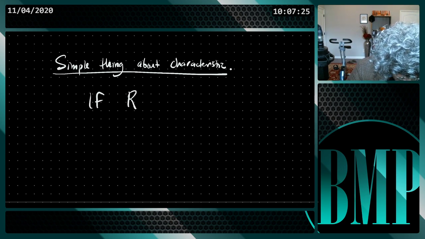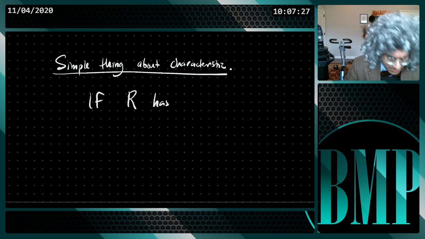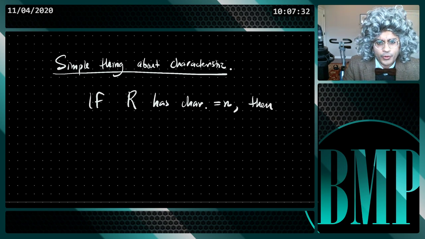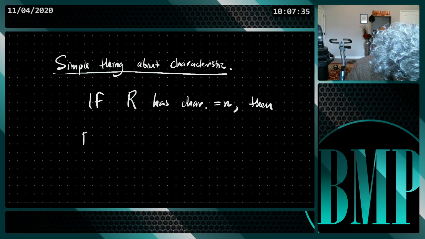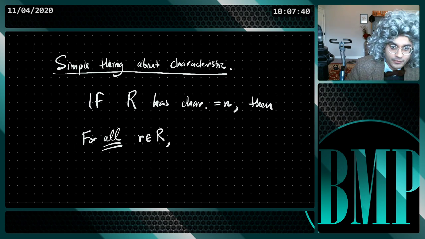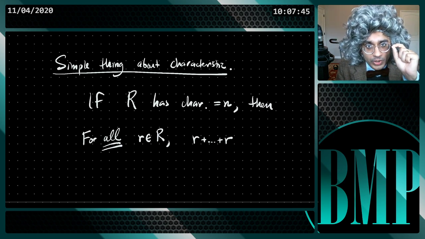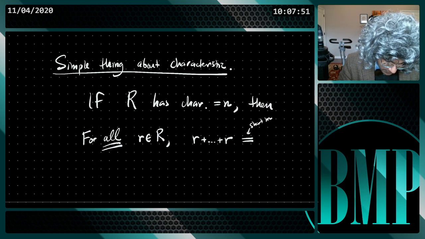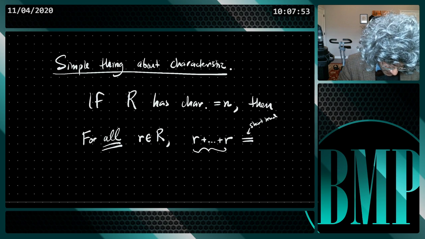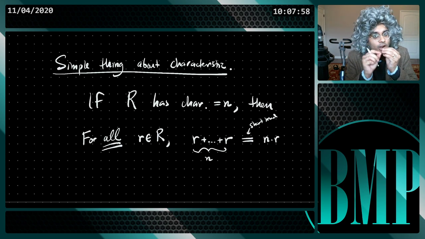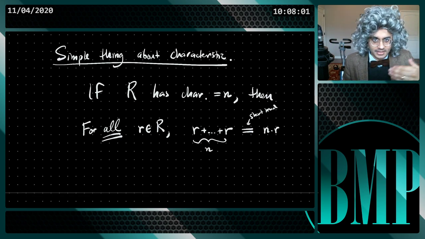If R has characteristic n, then for any element r, if you add r n times, which we write shorthand as n times r, what we mean is r plus r and so on.